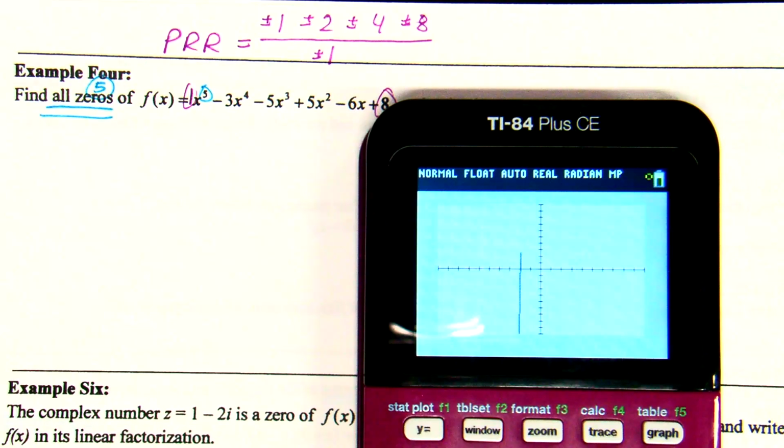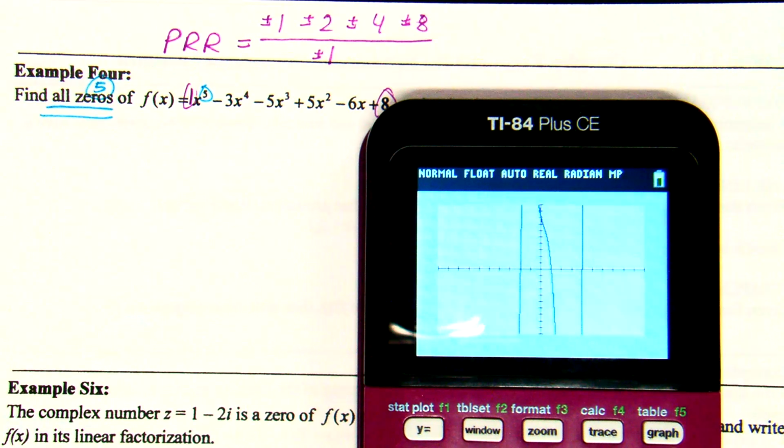So we're looking for plus or minus 1, 2, 4, and 8. Which ones might we try here based on our PRRs and based on our graph? -2, 1, and 4. Now, you guys just gave me 3. What's that say about the others?